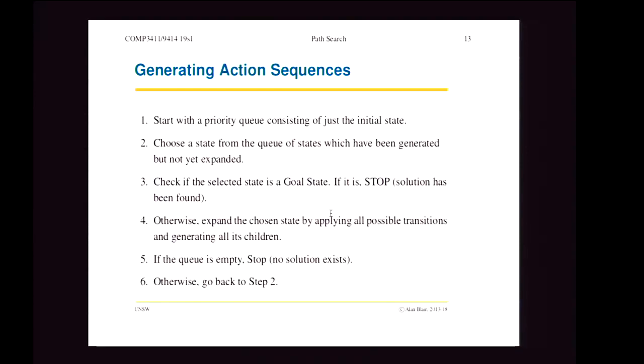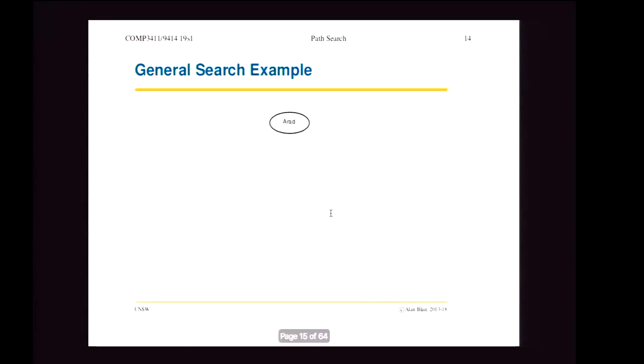We check whether that node is the goal state. If it is, then we can stop. Otherwise, we expand the node by applying all possible actions to generate all its children. It can happen that the queue becomes empty.